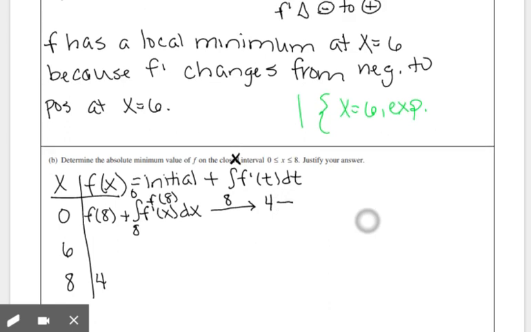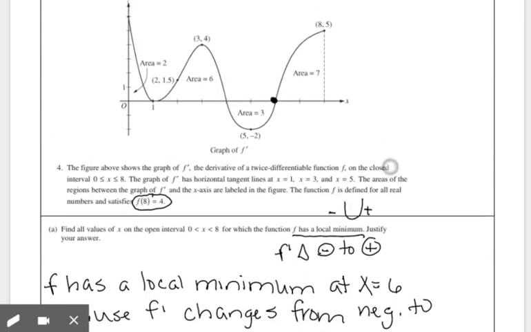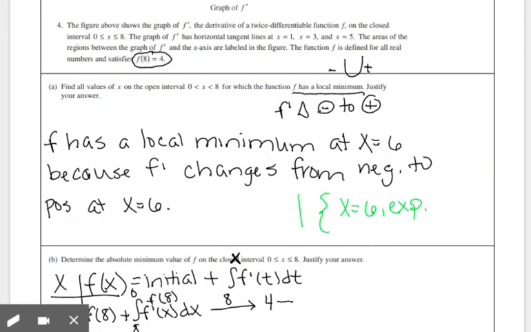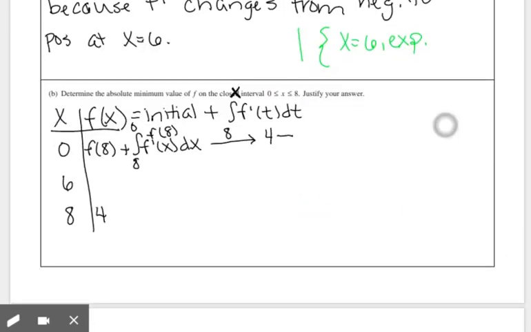And now we just need to look at the area from 0 to 8. Well, the area from 0 to 8 just means add them all up. So we've got 2 plus 6 is 8 minus 3, which is 5, and then plus 7, which is going to be 12. So the area between 0 and 8 is 12. Since we're going 8 to 0, we're going to do subtraction, and it's going to be minus 12. So we get negative 8 for x equals 0.